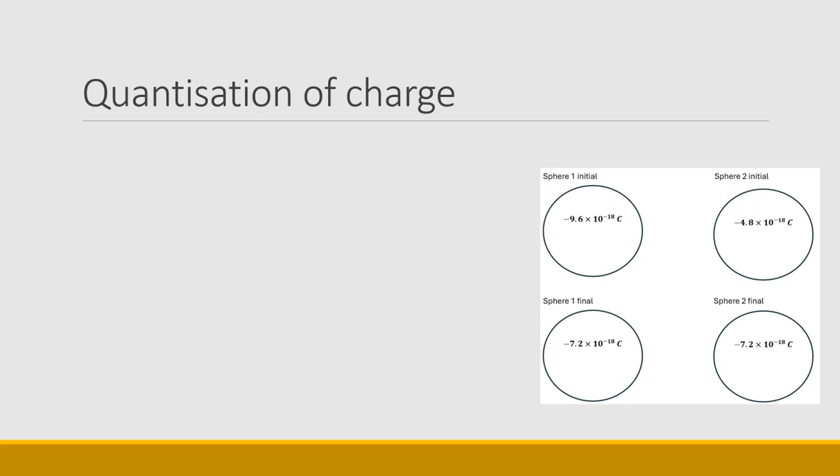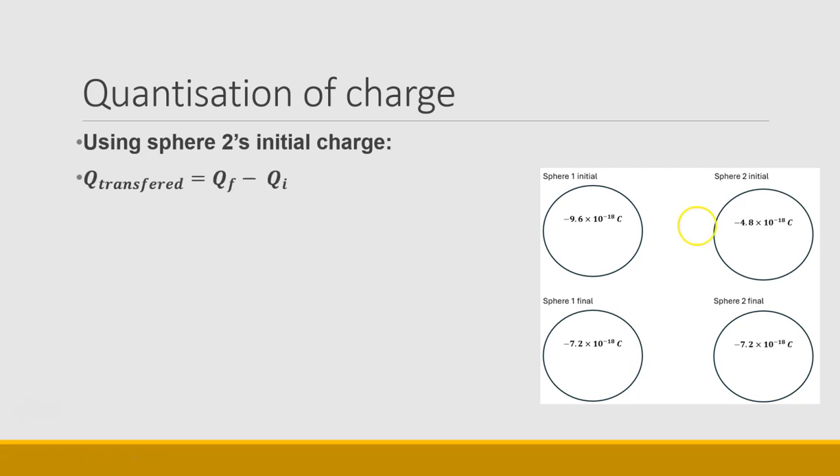Now we can do it using sphere 2's charge, in which case we would say that the Q transferred is again the final charge minus the initial charge. It is minus 7.2 times 10 to the minus 18 minus minus 4.8 times 10 to the minus 18.